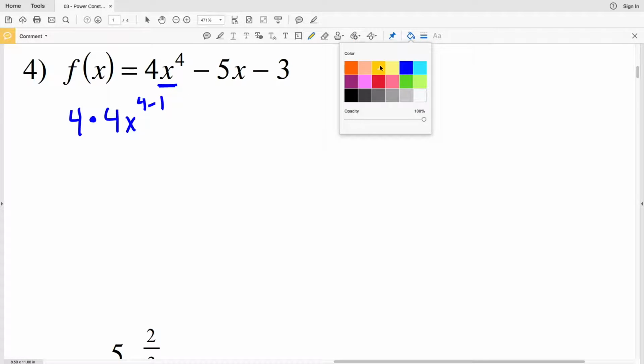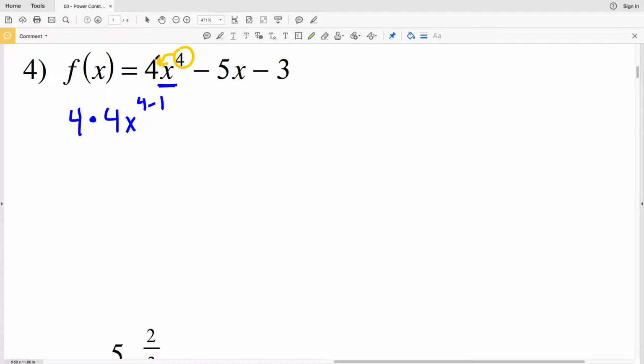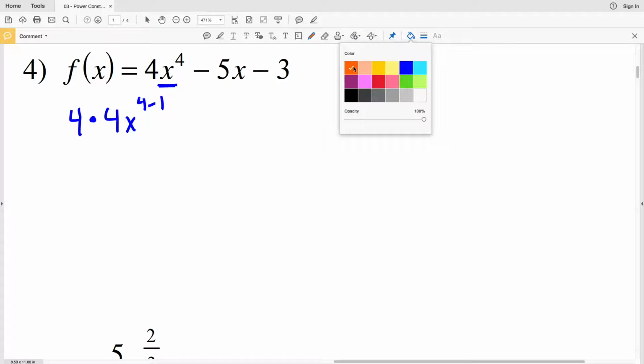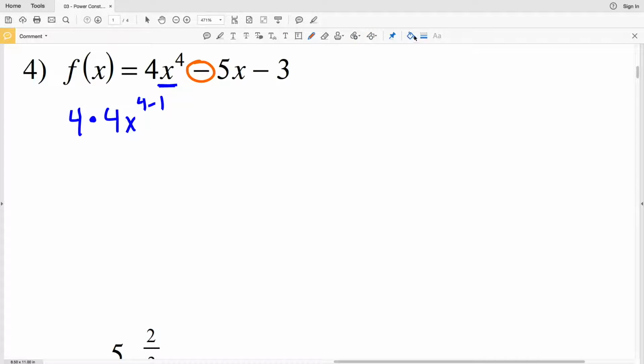Because remember, we're taking that exponent, multiplying it essentially by the coefficient, which is what we do in the constant multiple rule. When we pull out that 4, it will get multiplied by that exponent's value, and then we decrease that exponent by 1. And because of the sum rule, these will be subtracted.